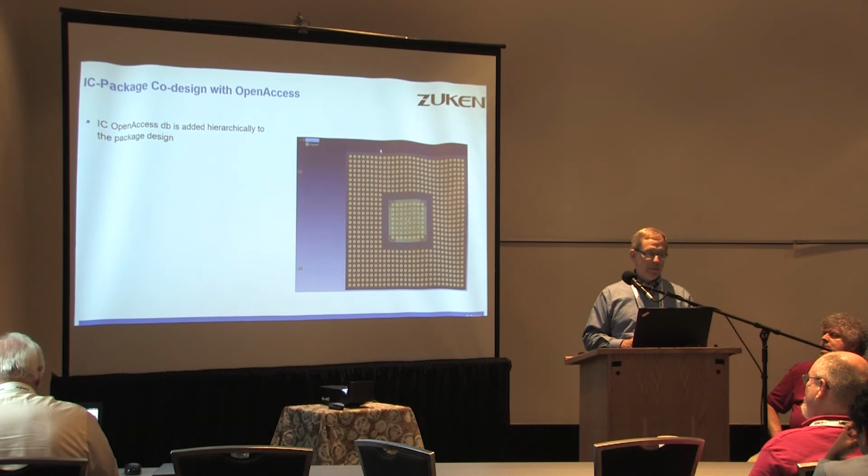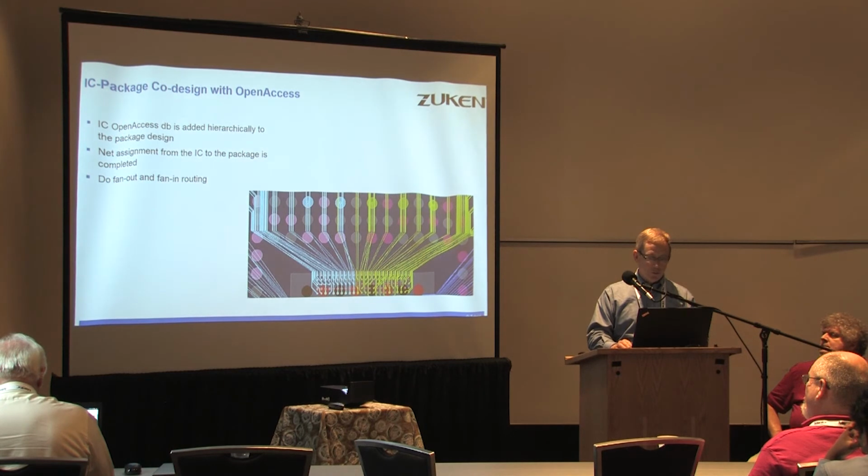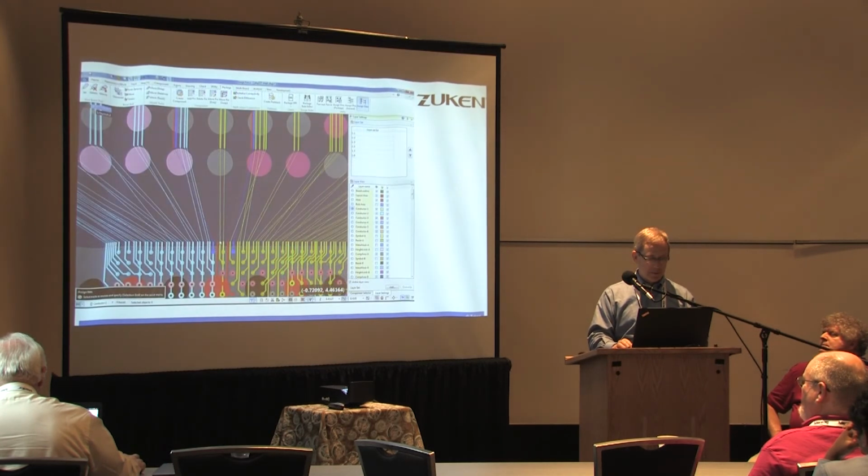And then the OpenAccess database is added hierarchically to the package design. The net assignments from the IC to the package are completed. We'll do fan-in and fan-out routing, and then optimize from the die to the package or from the package to the die. Then we'll transfer the OA database or a DEF file back to the IC team.